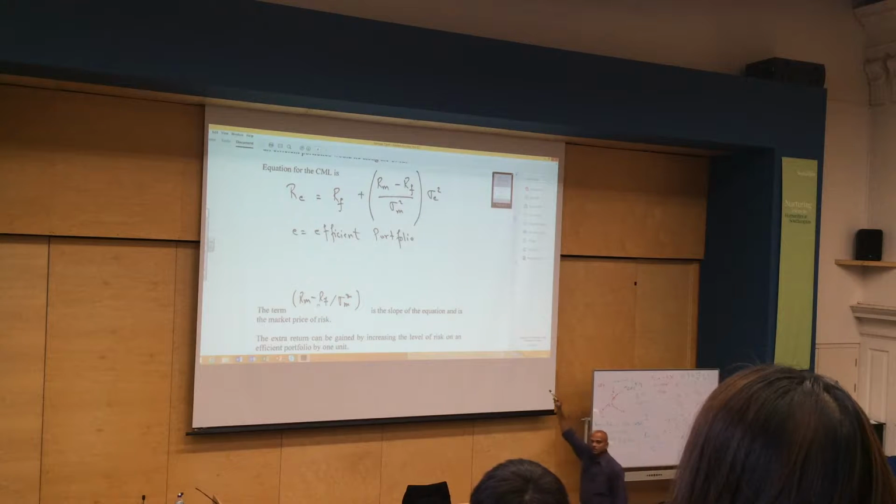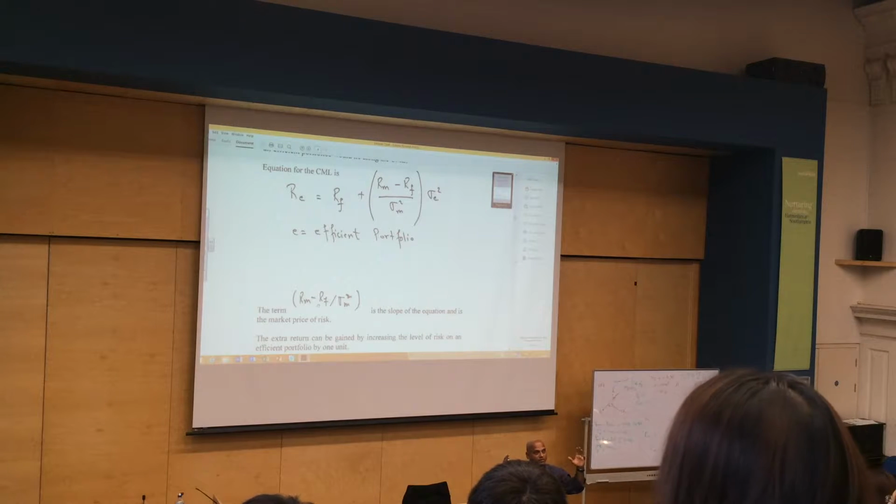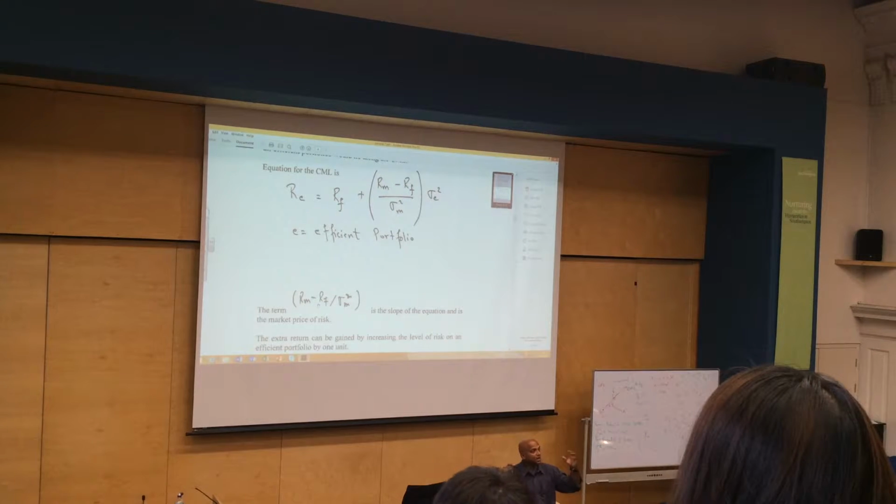Look at the equation. Tell me, don't give me a number. You can't give me a number because there are no numbers up there. But if standard deviation goes up, return will go up. But who will decide what the relationship is? We know RF is positive, and we know the slope is positive. So if risk goes up, then this return has to go up. And who decides that?